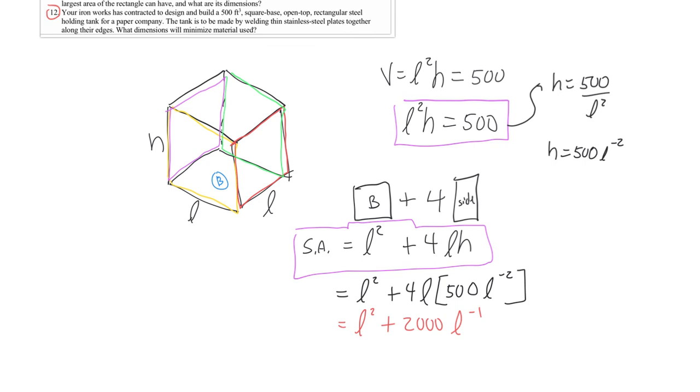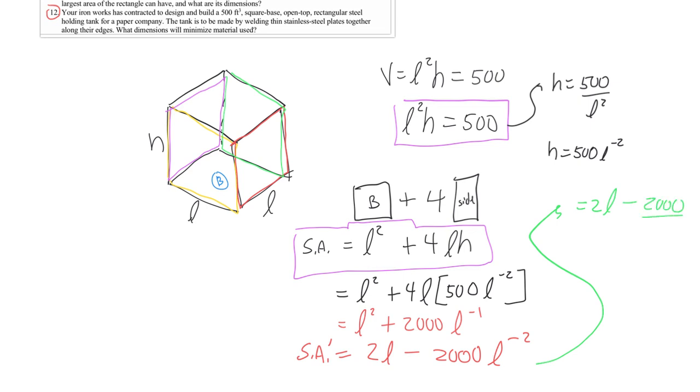Okay, so I'll keep this, only we'll put a prime over it. So it's going to be 2L minus 2,000 L to the negative 2. And that would end up giving us, I'll write, equals 2L minus 2,000 over L squared.